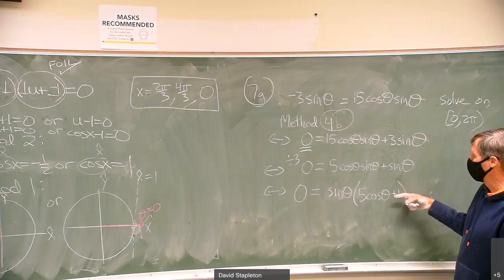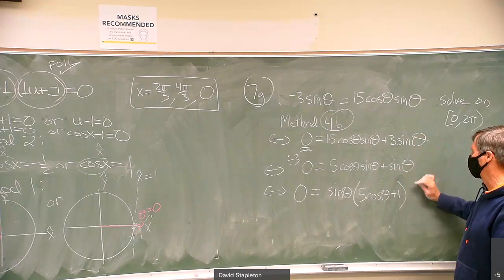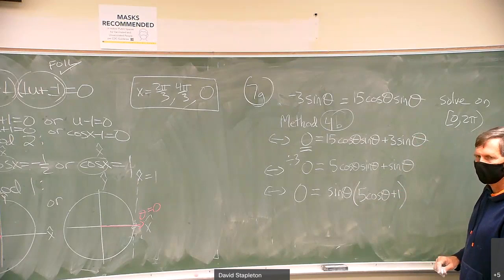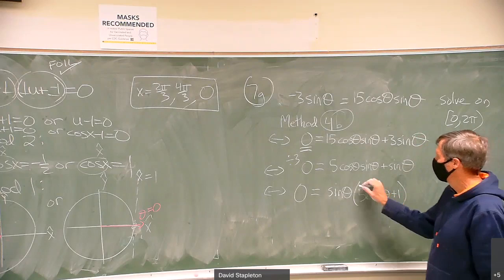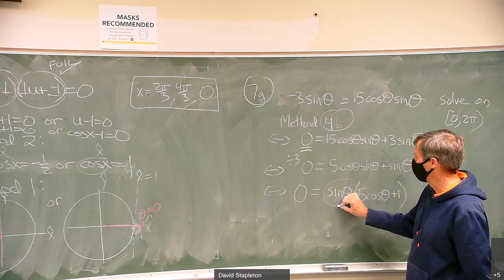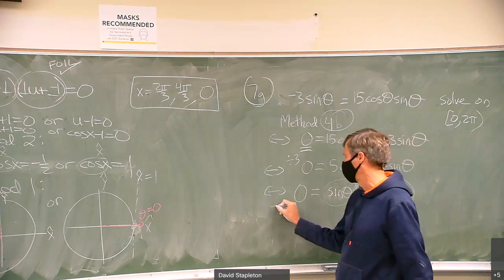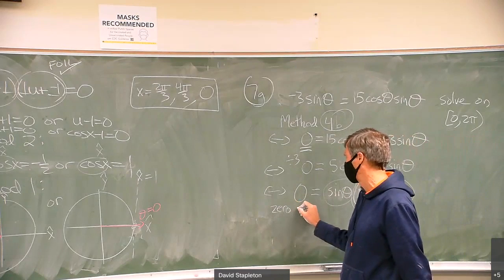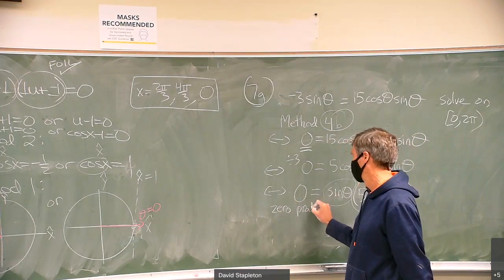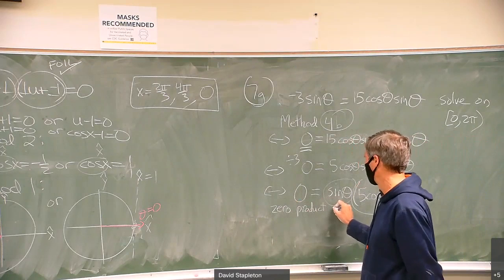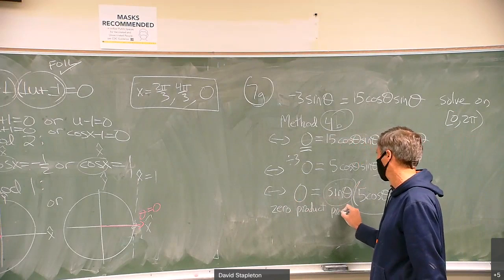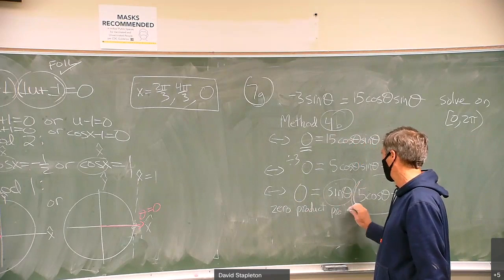There it is. All I did was factor. This one is equivalent to this one by factoring. How do you see how to do it? Once it's factored, product equals 0. Either this factor equals 0 or this factor equals 0. Zero product property: if a product is 0, at least one of the factors is 0. We used this before, when we factored quadratic equations.